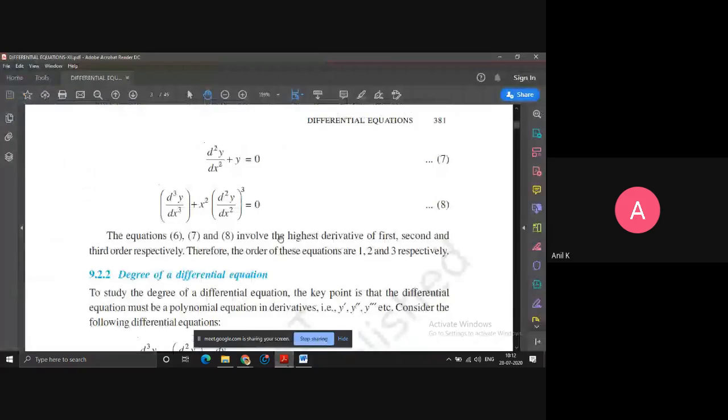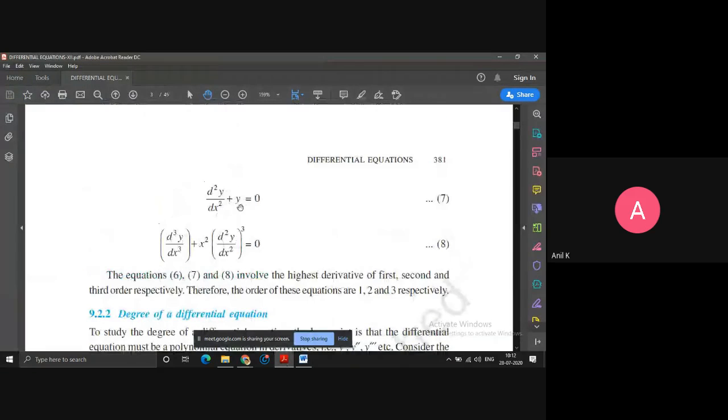For example, d square y by dx square plus y equals 0. Here the order is 2, because the function is differentiated 2 times. Similarly, d cube y by dx cube plus x square: here you have d cube y, which means 3 times I have differentiated, so the order is 3.